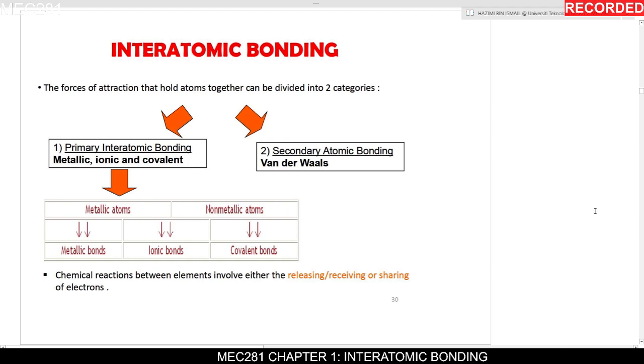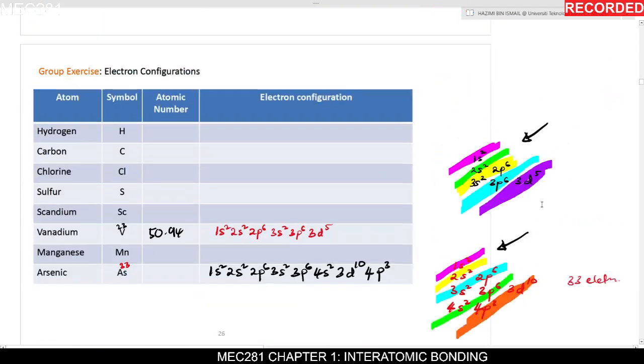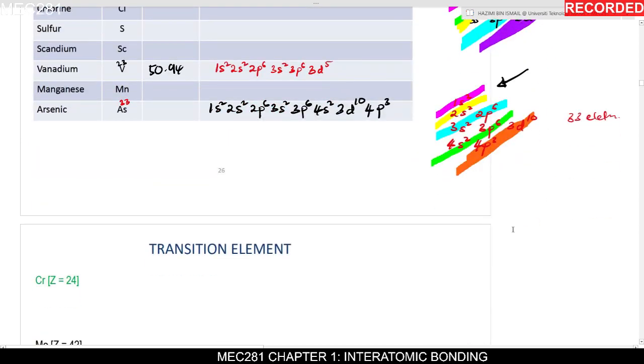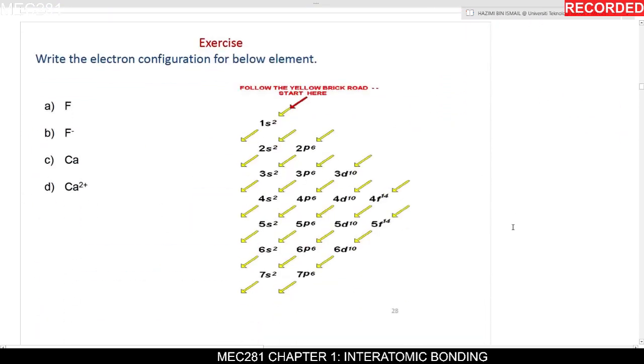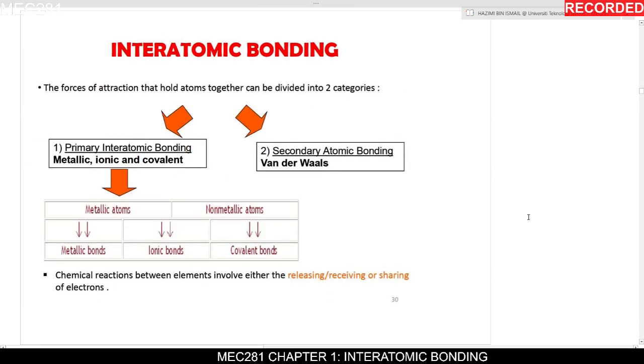So we have learned in our previous class about electron configurations, how to write the electron configuration, the subshells and shells. For this week, we are going to learn about interatomic bonding.